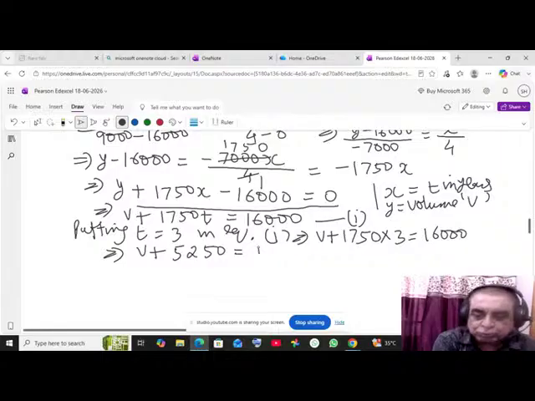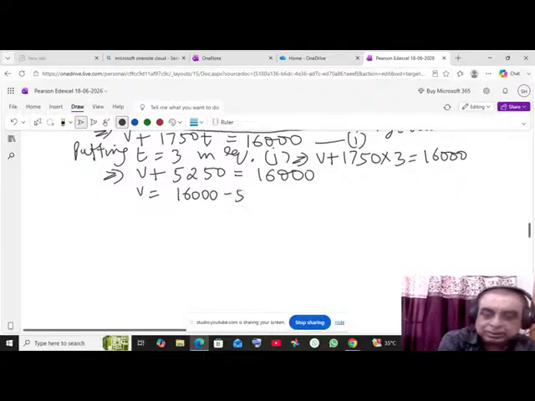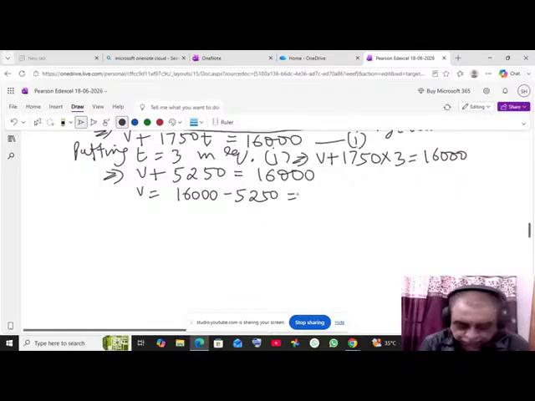Value is equals to 16,000. Okay. So what will be the value of V? Now move this 5,250 onto the right side. So this will become 16,000 minus 5,250 and subtract. That is the volume of oil extracted after 3 years of starting the well.